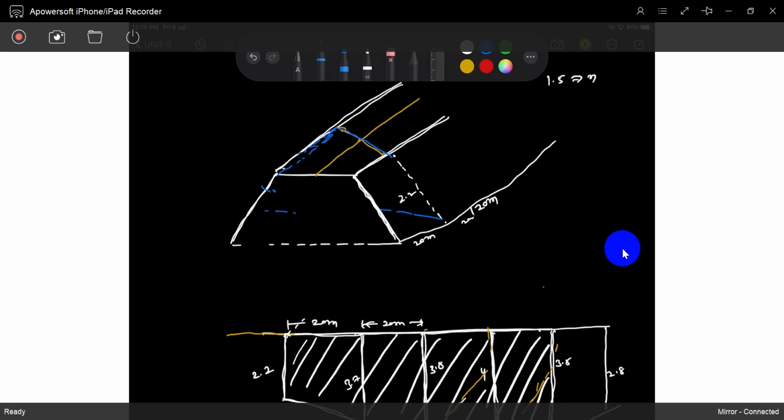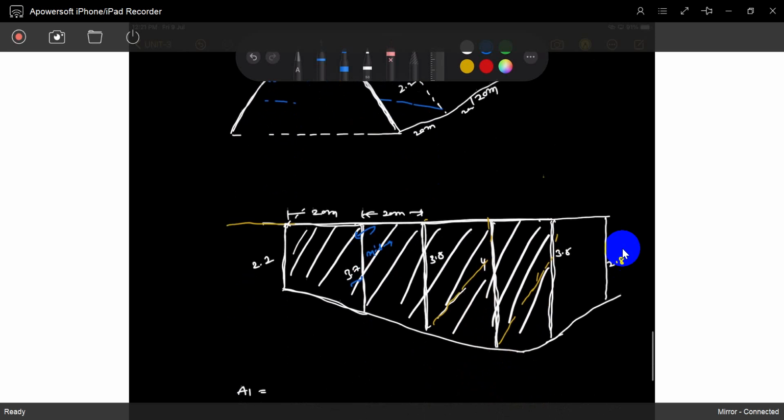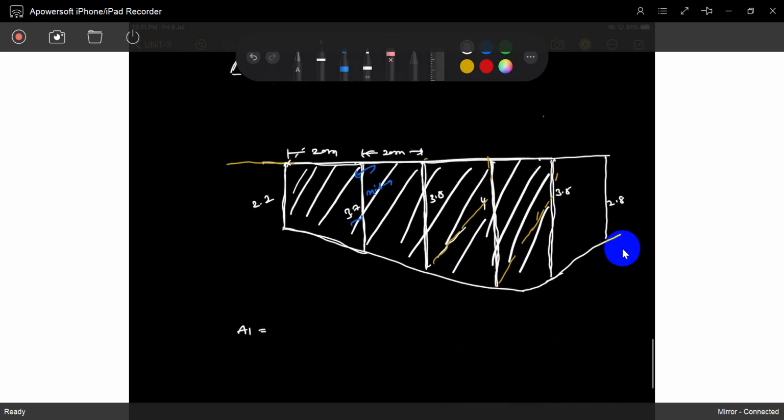That is the sectional area at this location. The section looks like this, and at the midsection the mid ordinate value is 3.7.